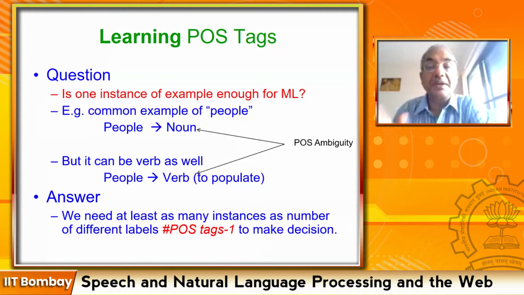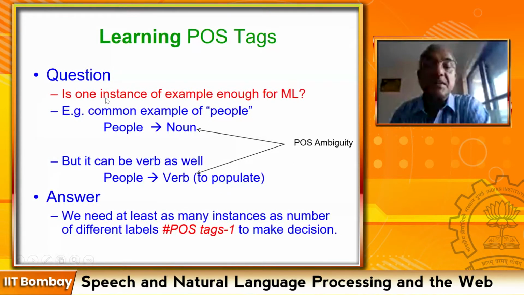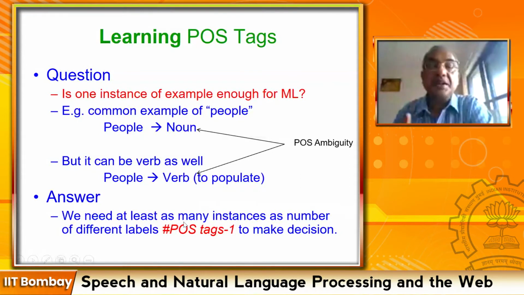So we'll come to the data-driven part of speech tagging, which insists that the data is annotated, and since each part of speech has to be found out in the training data, we need part of speech tags, these many examples in the training data. So if golf has 2 part of speeches, noun and verb, we need at least 1 instance of golf in the data for annotation. So why 1?